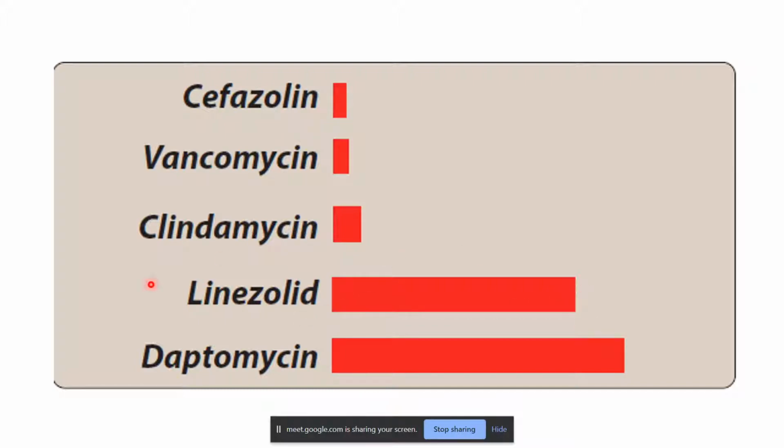So never use them for the treatment of Staphylococcus aureus, because there are cheaper antibiotics available, and these antibiotics are as effective as this one, but the cost of the treatment is much lower.